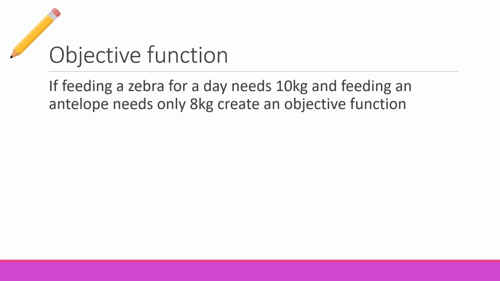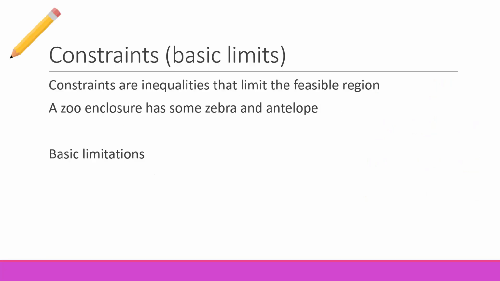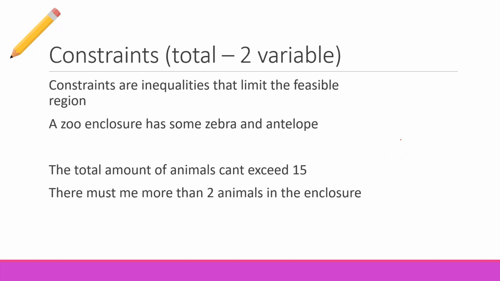Last time I had you guys, we talked about how to take a constraint. We did some examples with the zebra. We talked about some basic limitations. The idea is they had to be greater than or equal to 0, because you can't have negative zebras. Single variables, so A can't be greater than 10, something like that.